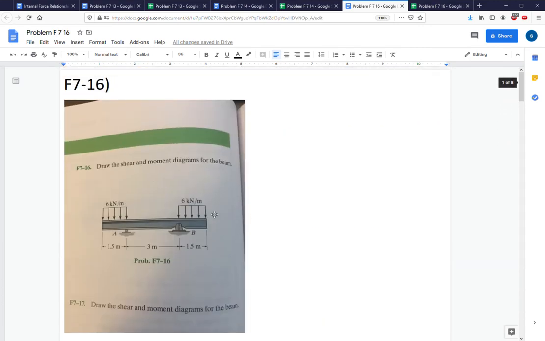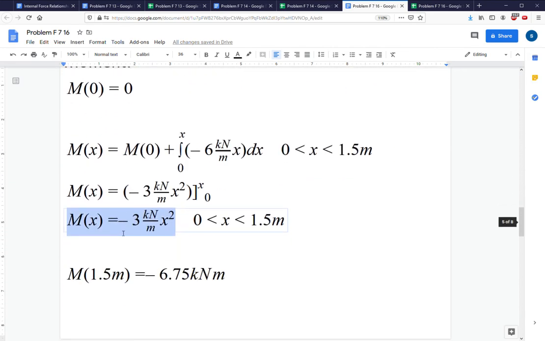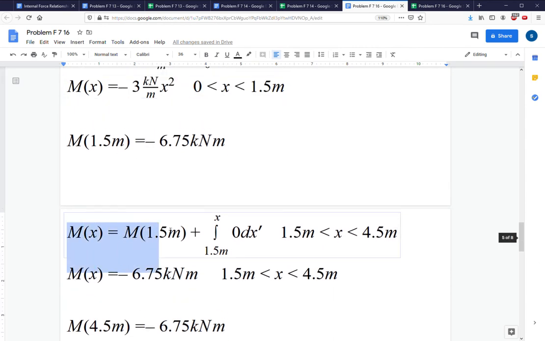Now for shear, there was an applied force, which means we had a discontinuous jump in the shear function. But there's not an applied moment, so there is no discontinuous jump in the moment function. So we can once again use moment of 1.5 meters by plugging 1.5 meters into here. And that is the start for the second segment.